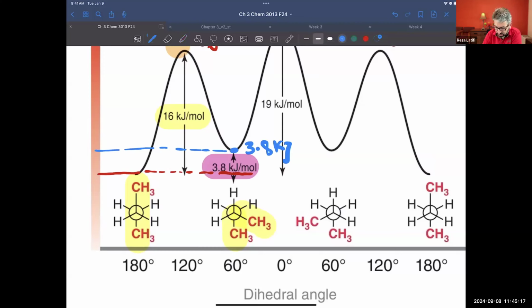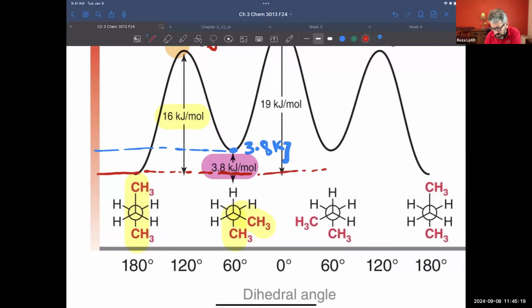You're going to get another gauche structure, and the gap here, again, is going to be 3.8. Remember, I said we can have two gauche structures. The methyl group used to be on the right, now it is on the left.